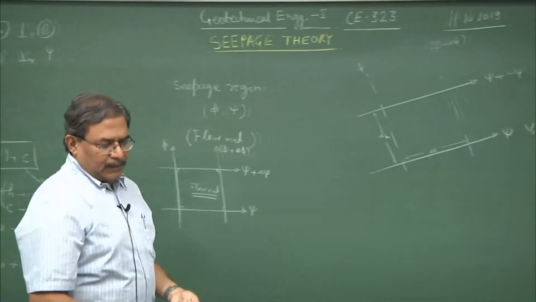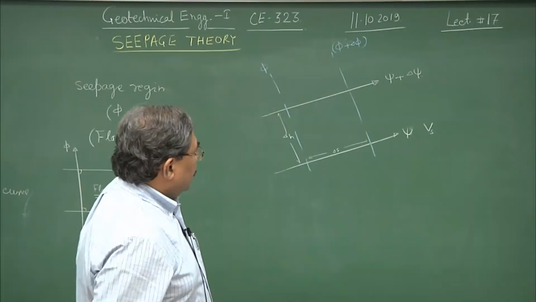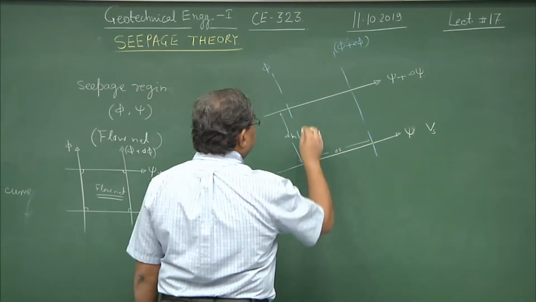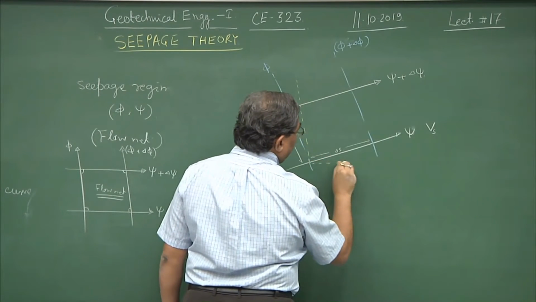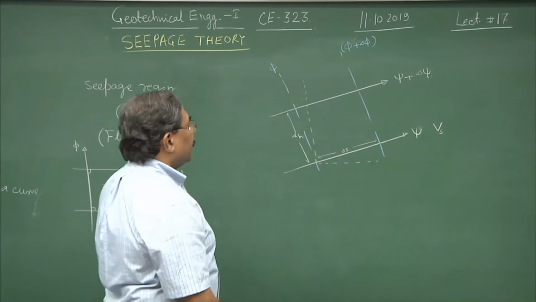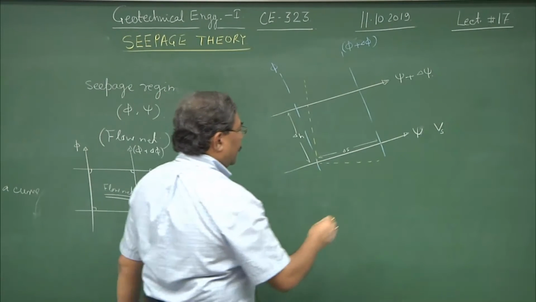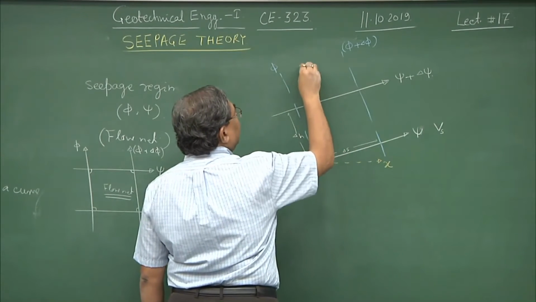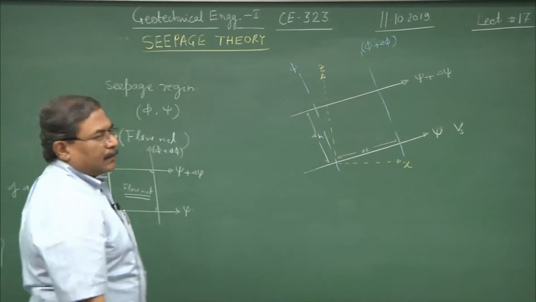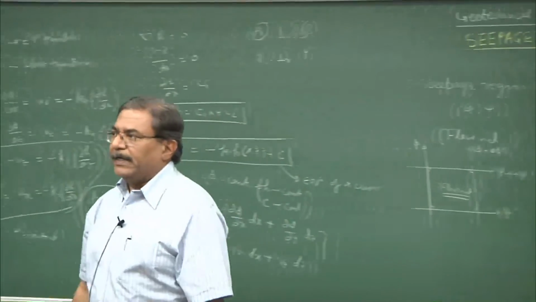Now, if I take the components of this vector in such a manner, this is the x axis and this is the z axis, which is known as rotation of the plane.